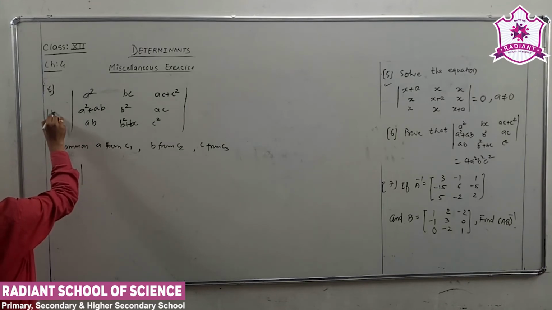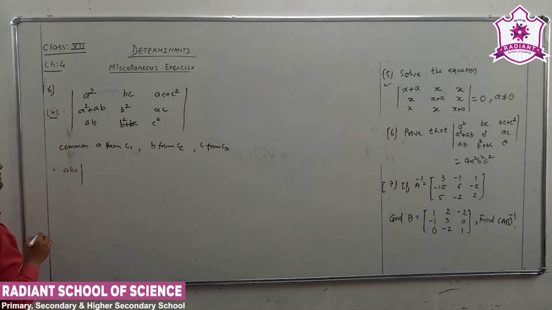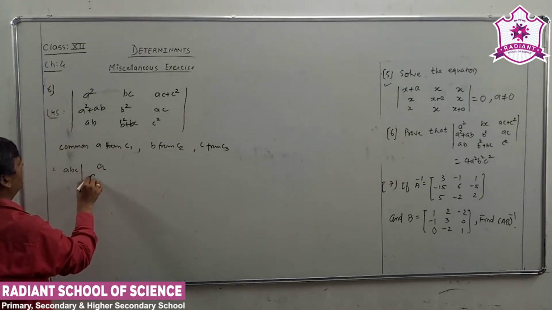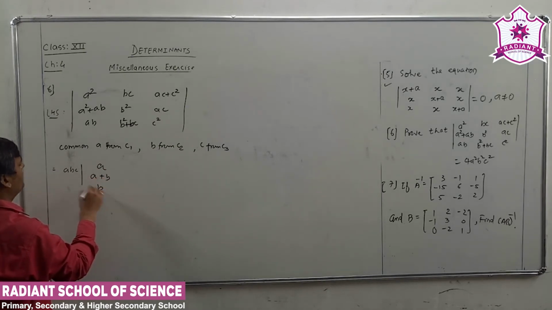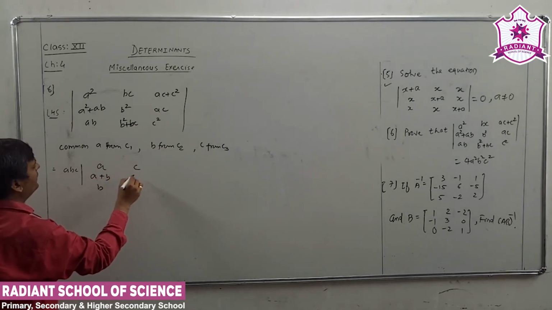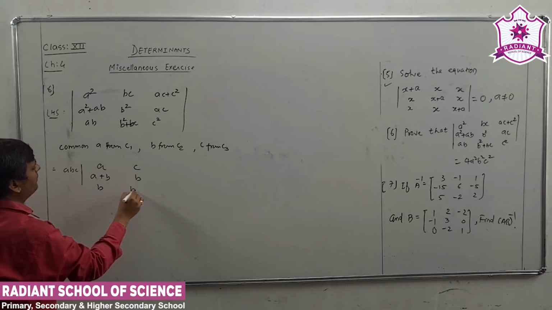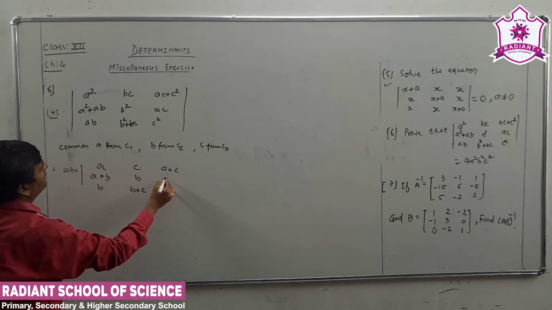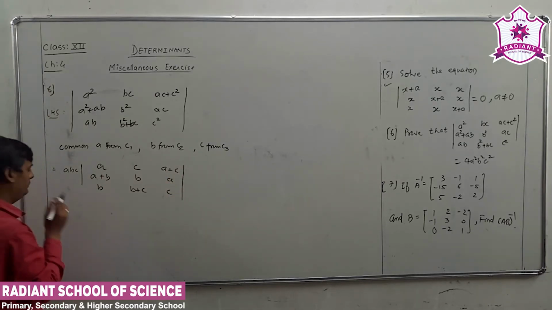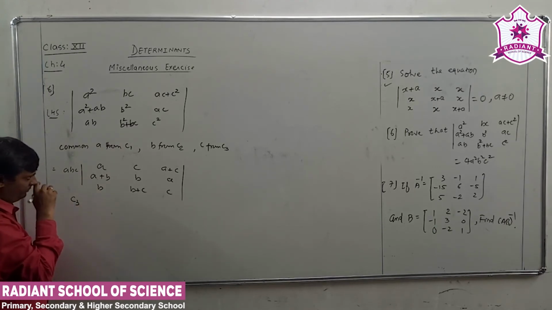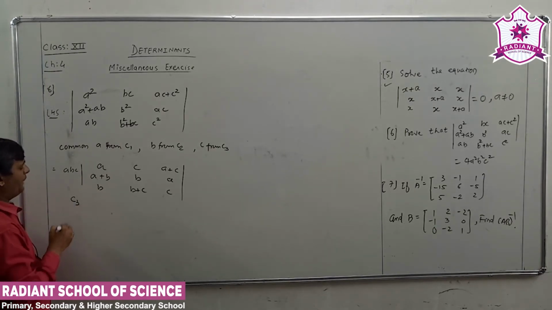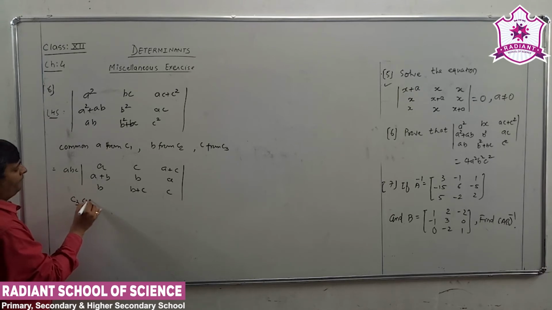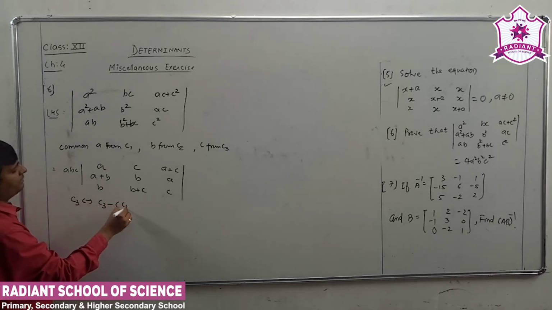So what is delta, that means the LHS. Now ABC common, so you put here A, only A plus B and B. Again C, B, okay, B plus C. Again A plus C, C common, that means only A and C. So clear? Now in C3, C3 minus C1 plus C2, right?